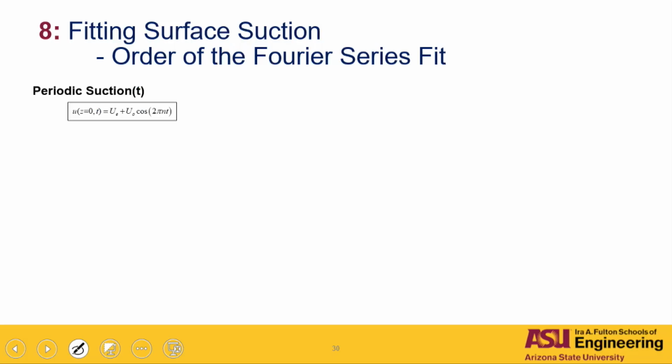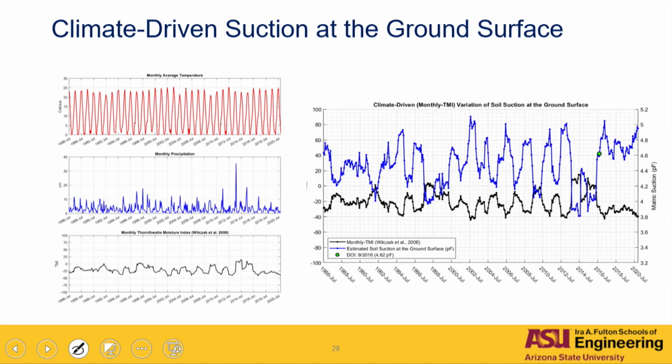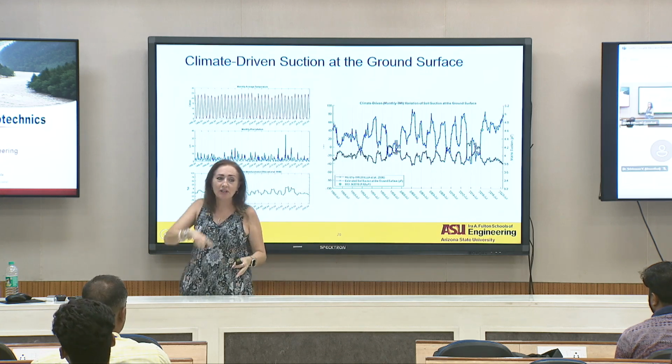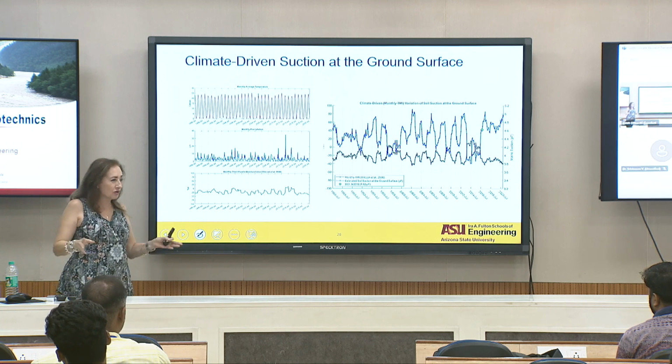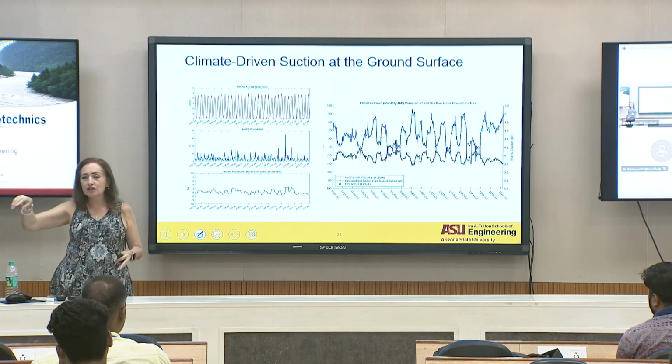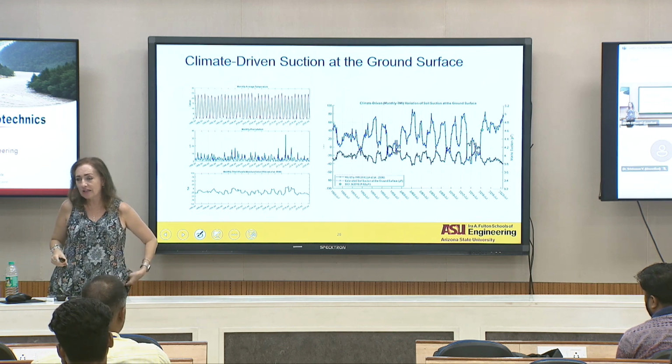Now, the problem in here is feeding the surface suction data, because now you do have this guy all over the place, suction going up and down, right? If we had only temperature, that would be a very nice sinusoidal curve, right? You look at the temperature, it usually goes up and down, very sinusoidal depending on the climate condition and the seasonal variation.